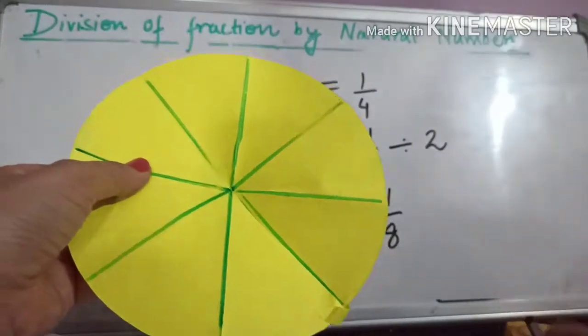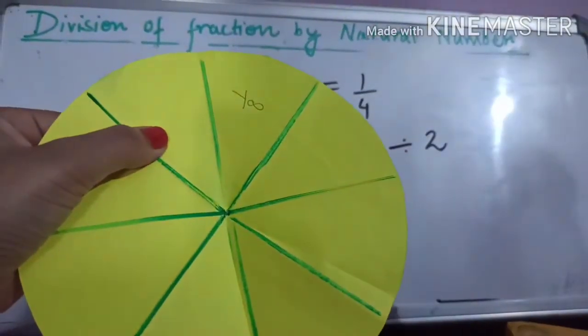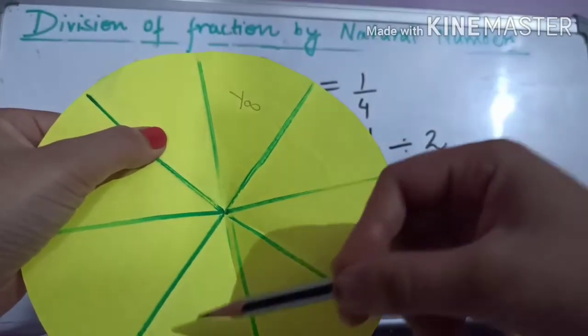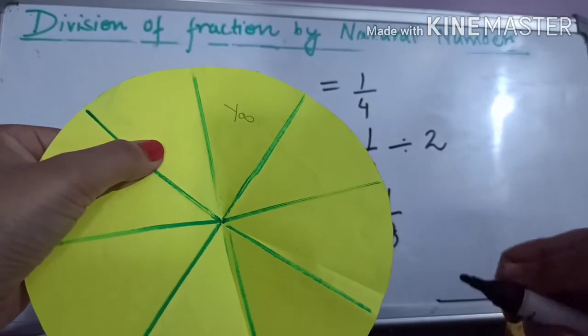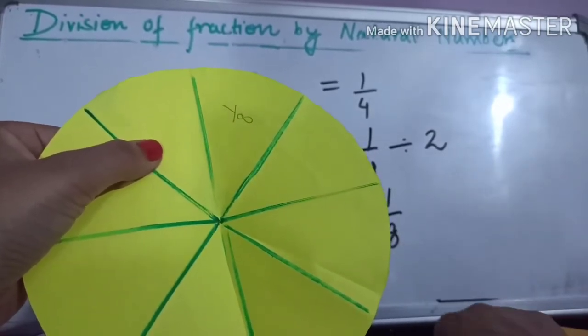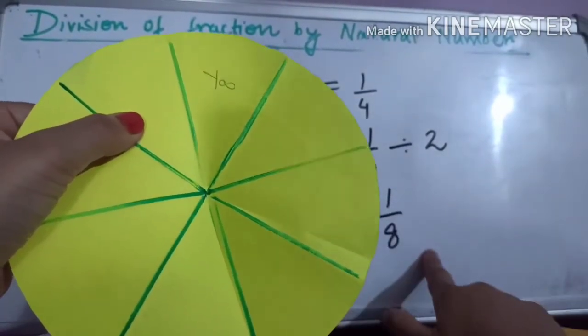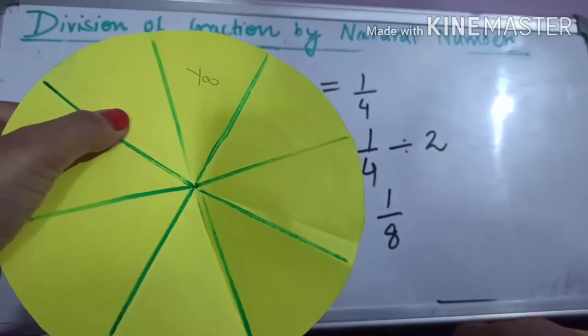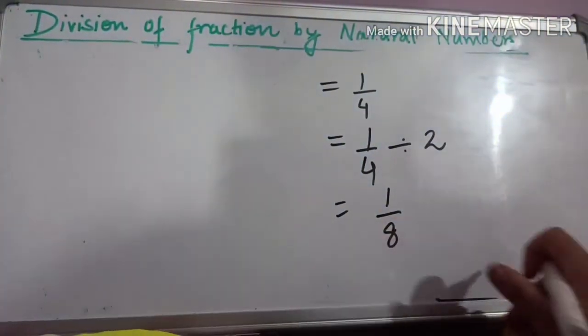So each of these will represent 1 by 8. So we saw that when we divided the 1/4 part into 2 parts, the fraction of each part is 1 by 8.